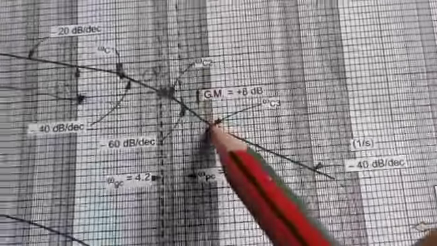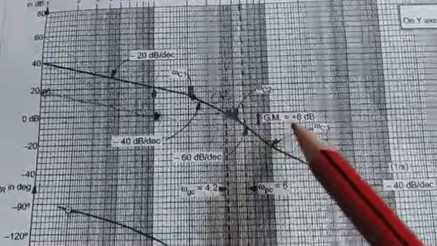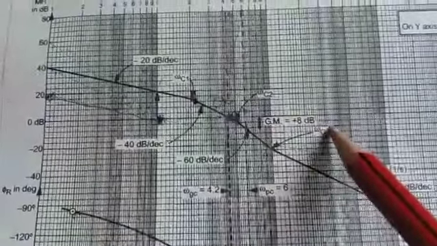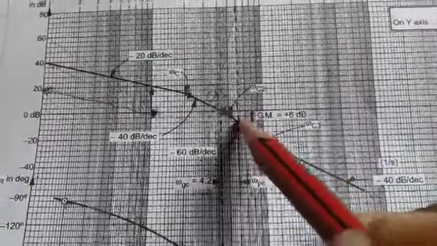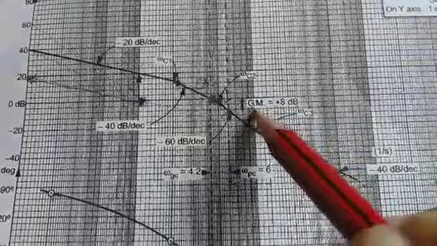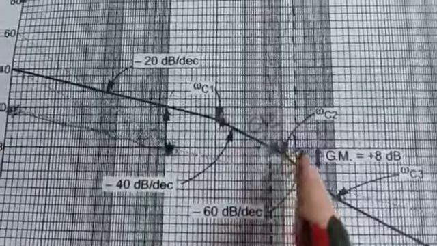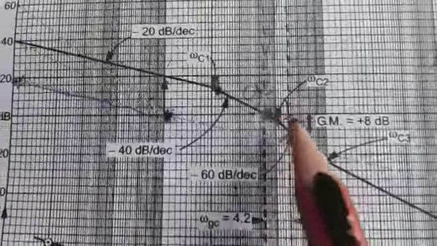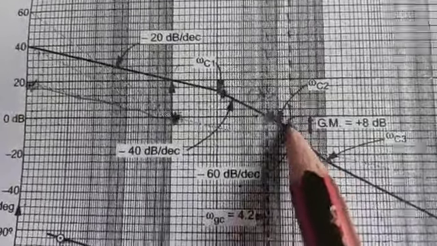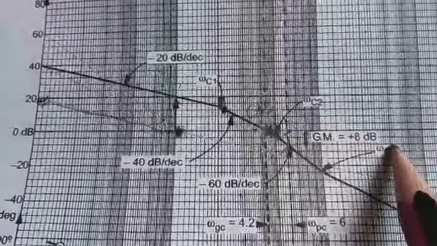From here to the 0 dB line we call GM. GM is equal to plus 8 dB. From here to here GM is equal to 8 dB. You can see here this is the 0 dB line and each point is 4. That means only 2 lines are there. So GM is equal to plus 8 dB.